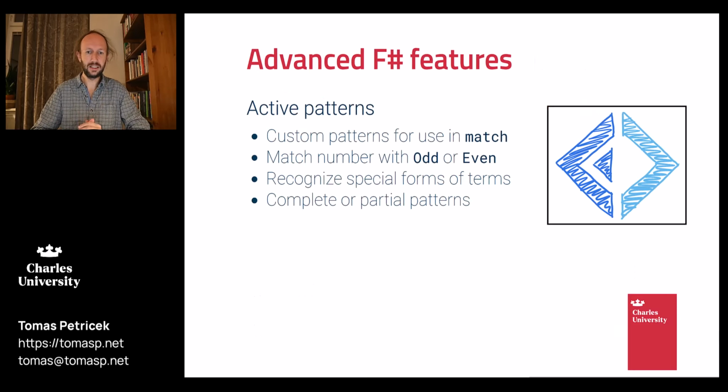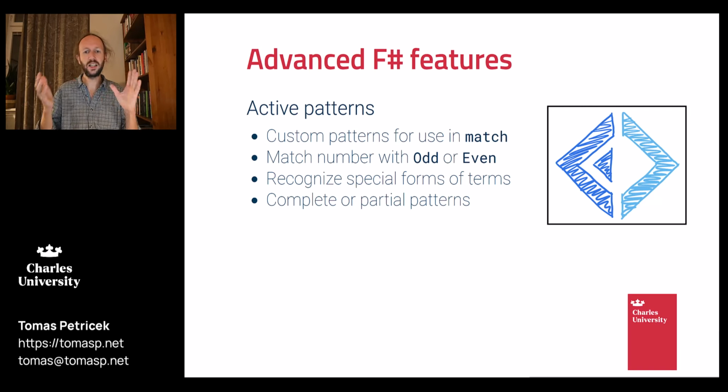active patterns. So in F#, we've been using match to do pattern matching on our programs, and typically we've used match with the predefined cases of an algebraic data type or with lists. But active patterns is a feature in F# that lets you extend this pattern language.